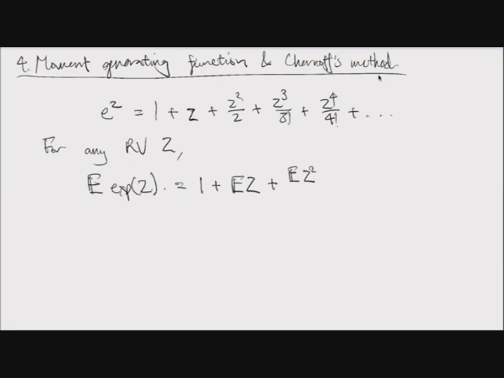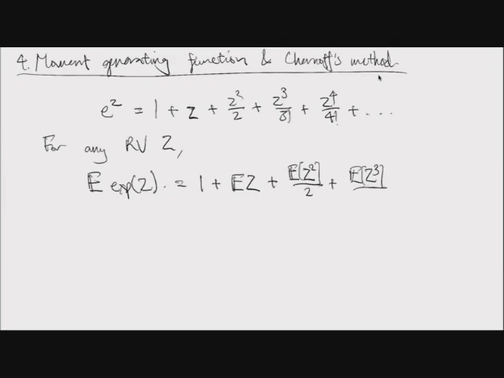Okay, so the power goes on the inside of the expectation. You can think of this as exponentiating the random variable first and taking the expectation afterwards. And then we use additivity of the expectation to put the expectation around each term by itself.